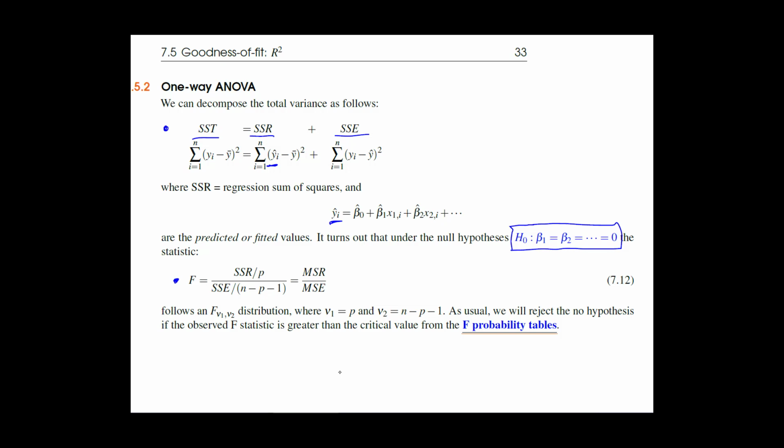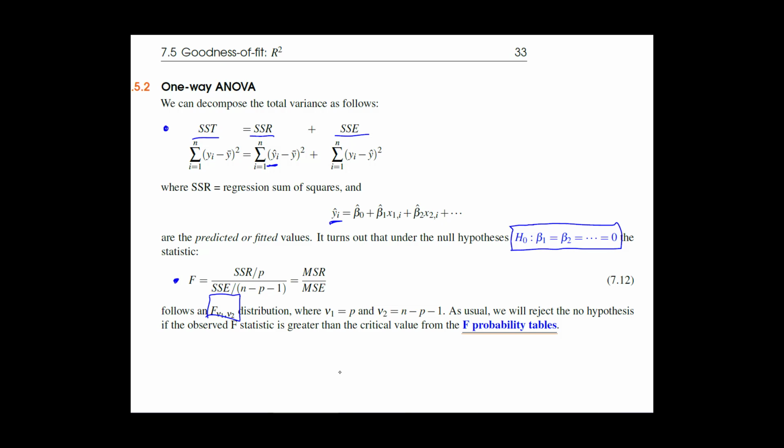Then we come up with this statistic called the F statistic, very similar to the adjusted R-square formula. And it turns out that this statistic has the F distribution. We haven't talked about F because I don't use it very much, but here it is the ratio of two chi-square distributions.